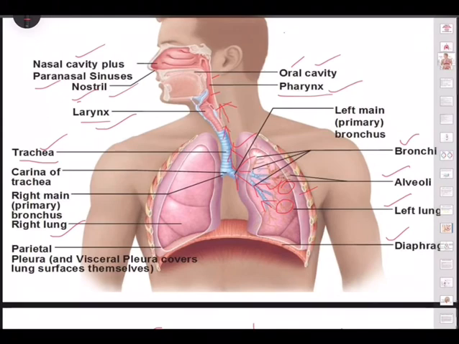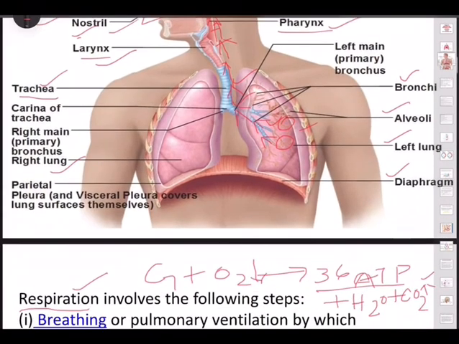So it goes this way, larynx to glottis to pharynx to internal nares to nasal cavities to external nares, and finally outside the body. This is how expiration takes place.